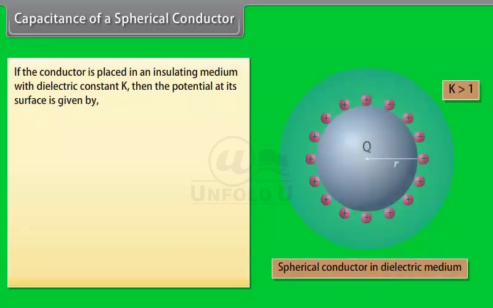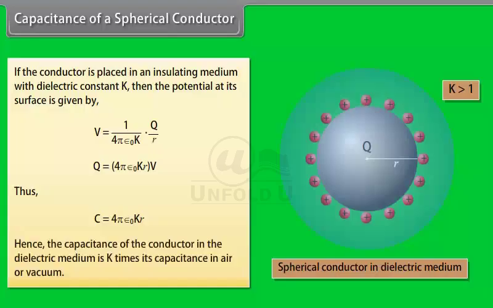If the conductor is placed in an insulating medium with dielectric constant K, then the potential at its surface is given by V is equal to 1 upon 4 pi epsilon naught K multiplied by Q upon R. It can also be written as Q is equal to the product of 4 pi epsilon naught K, R and V. Thus, C is equal to 4 pi epsilon naught KR.